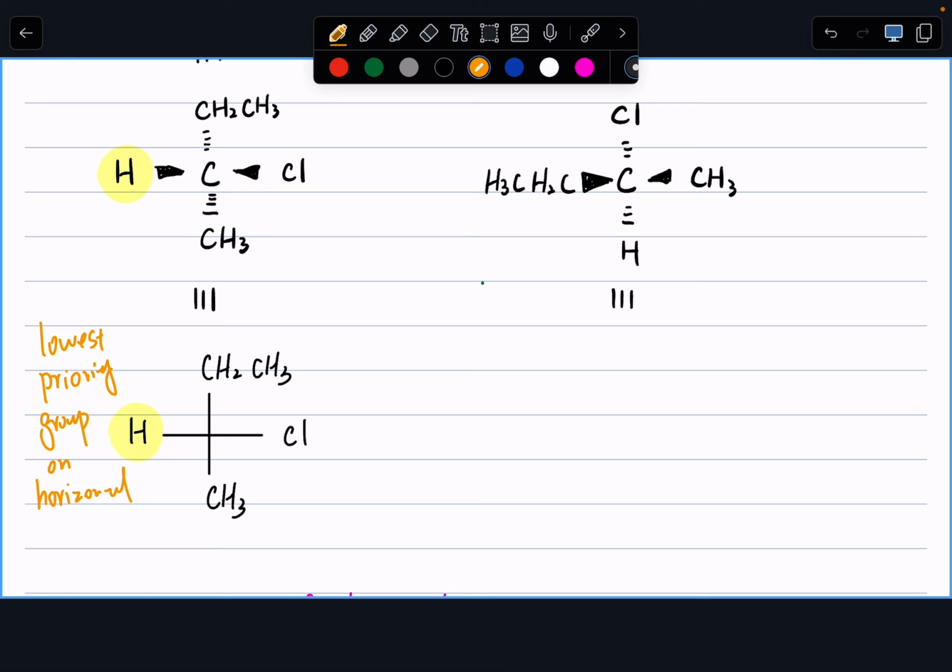Or in this case, if we look at it, it's like 1, 2, 3. We're actually coming up to be counterclockwise. But because my hydrogen, or the lowest priority group, is on the horizontal, we have to flip that RNS.